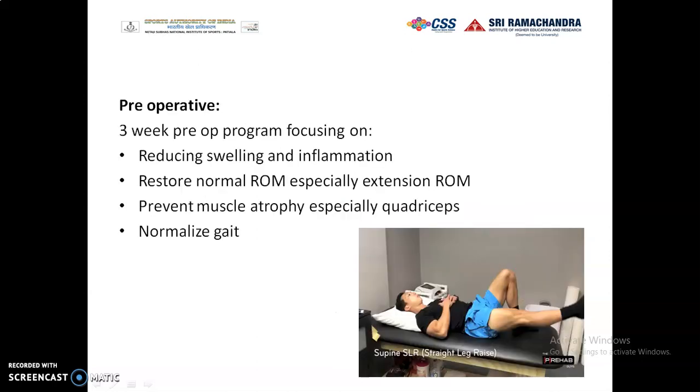So I'm going to talk about the concept of ACL rehabilitation, from immobilization to accelerated rehab to a customized rehab.